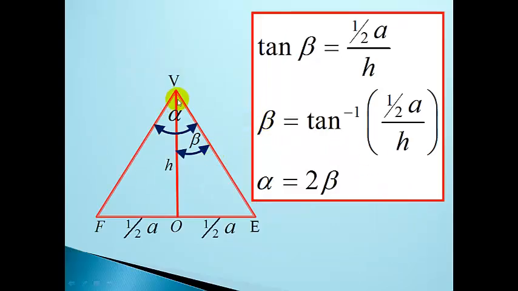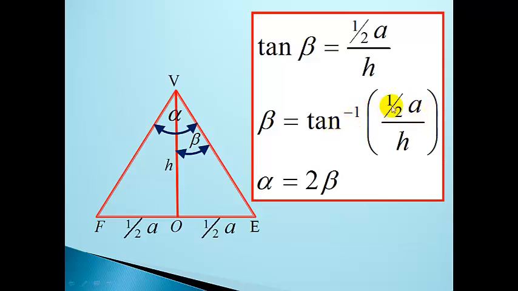Considering the triangle VFE, if you want to calculate for the angle beta, we can see that half A is opposite to the angle beta, and H is adjacent. That means we can use the ratio tan beta. So tan beta equals opposite, that is half A, divided by the adjacent, that is H. So beta will be the tan inverse of the right hand side.